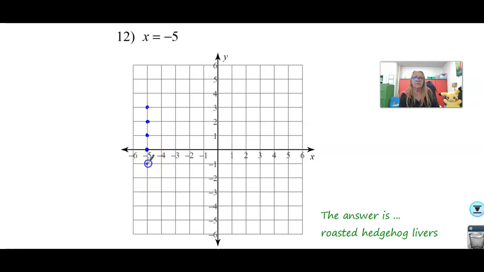And -5, -1? -5, -2. All of the points along this line have -5 for their x coordinate. So anytime you see x equals a number, you have a vertical line. All right, it has an undefined slope. So we don't say 0 slope for this, we say undefined. It's so slopey we can't even describe it.